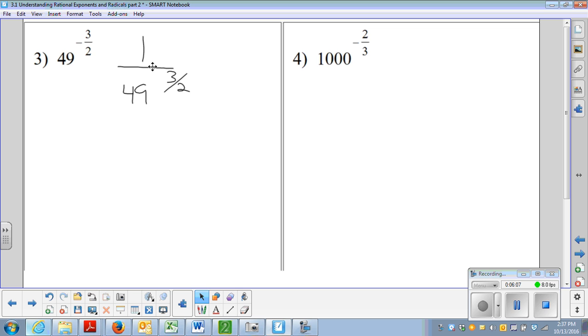Once we do this, it's just like the problems we just worked. So our next step is to go ahead and write our index is 2, our base is 49, and raise it to the exponent 3. But it's still below 1 in the denominator. Okay, so we're going to go ahead and take the square root of 49, and the square root of 49 will be 7.